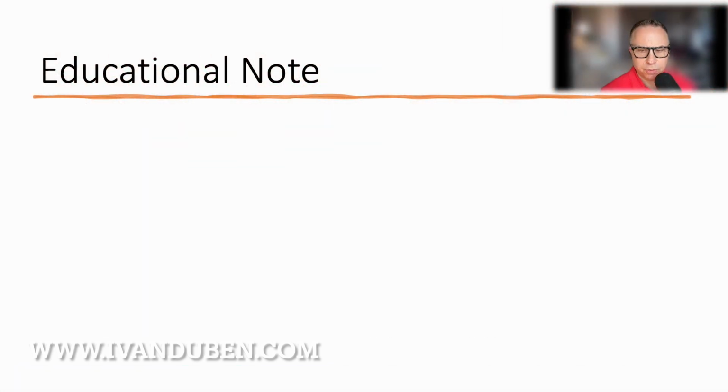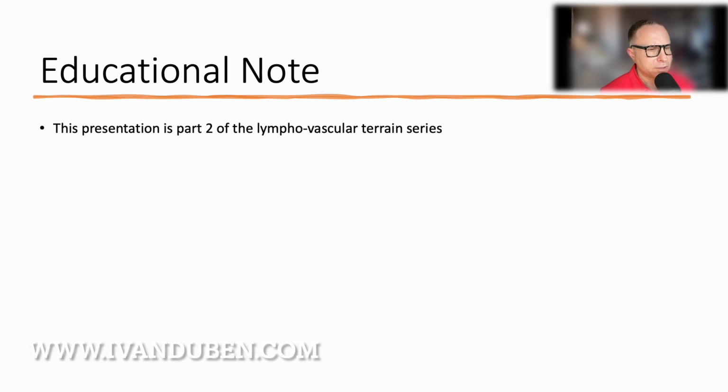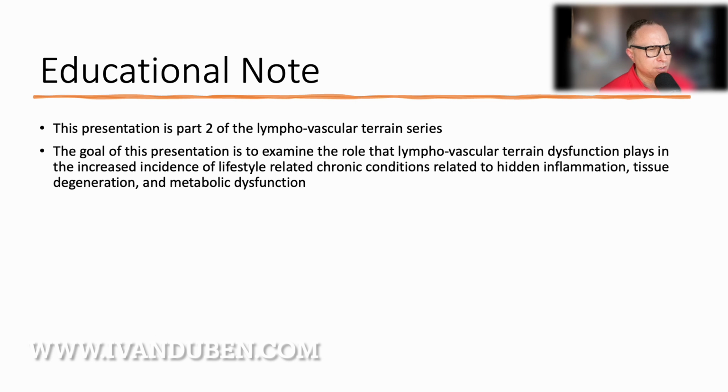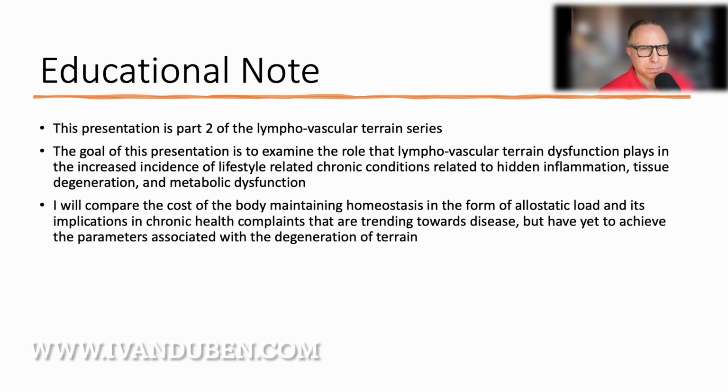From an educational point of view, this presentation is part 2 of the lymphovascular terrain series. The goal of this presentation is to examine the role that lymphovascular terrain dysfunction plays in the increased incidence of lifestyle-related chronic conditions related to hidden inflammation, tissue degeneration, and metabolic dysfunction.